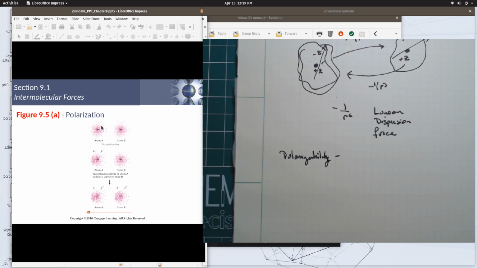So here's two neutral atoms, A and B. There's a little bit of a fluctuation. You can see this little pink cloud moves over and around atom B. It doesn't see it yet. It induces a dipole shift, so it pulls a little bit of electron density. So atom B now sees, hey, look over here, I've got a positive charge. I'm going to move some of my electrons over here, but my nuclei aren't going to move.